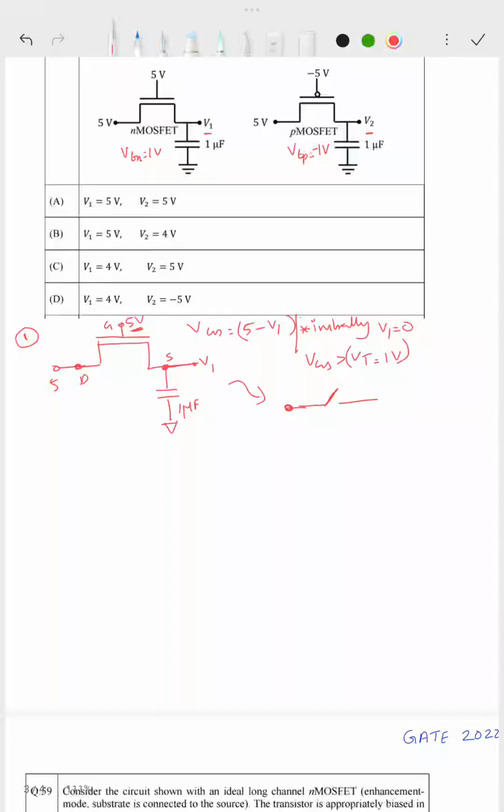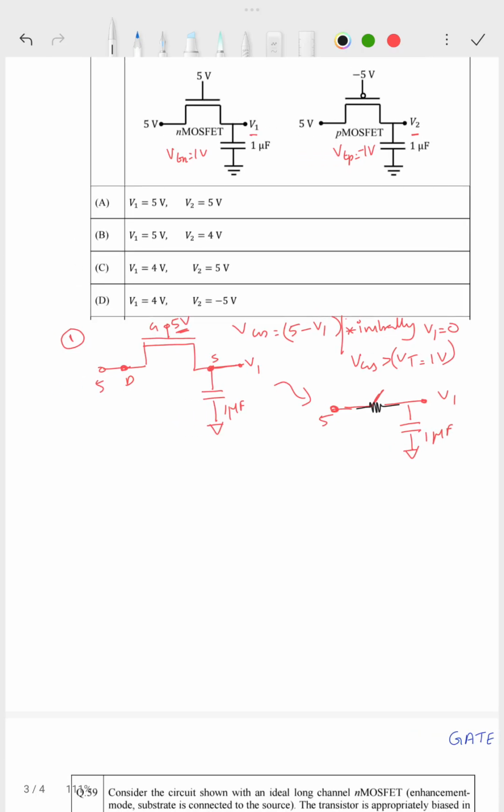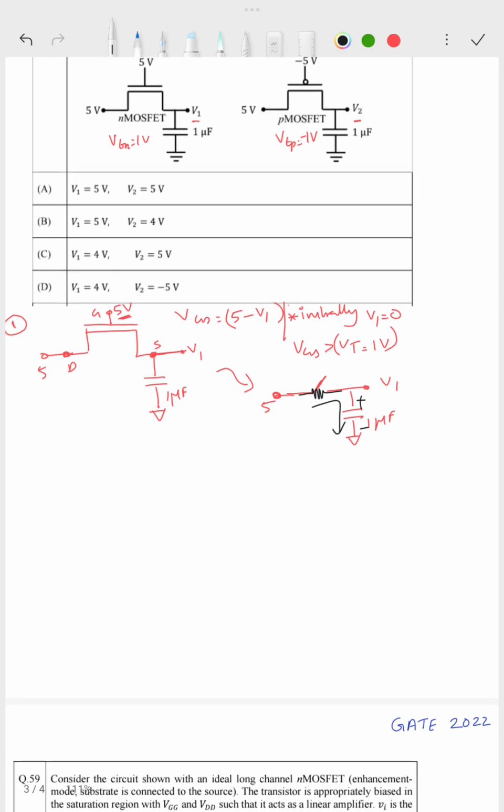So here at drain I have 5 volt, at source it is V1, and I have a capacitor. Ideally it is a switch, but practically it is like a resistor. It has a resistance value. So what happens, this capacitor will start charging like this, plus minus. So definitely V1 increases.